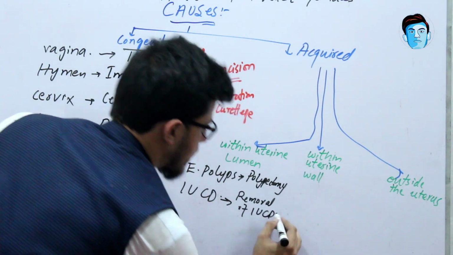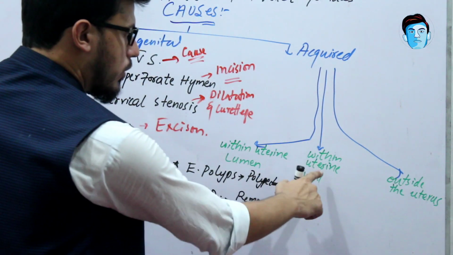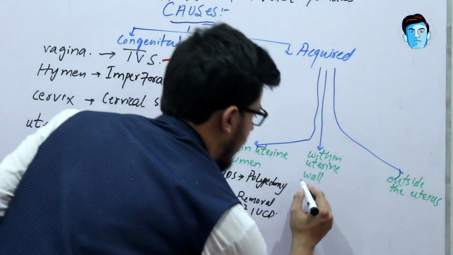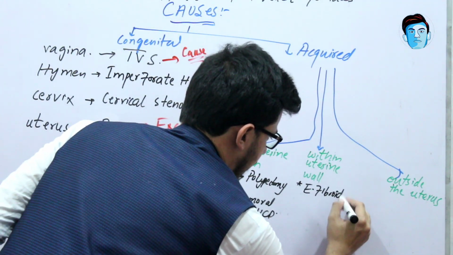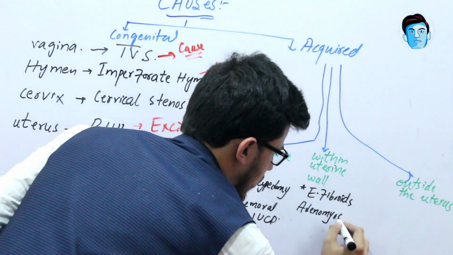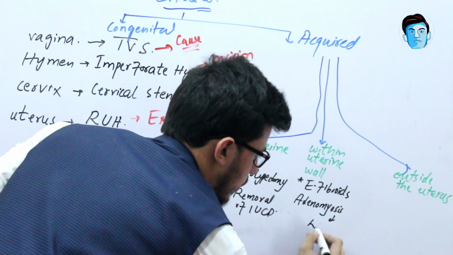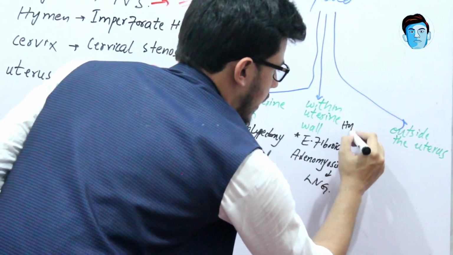There are certain conditions lying within the uterine wall, that is endometrial fibroids and adenomyosis. Adenomyosis is treated with levonorgestrel, and endometrial fibroid is treated with hysterectomy.